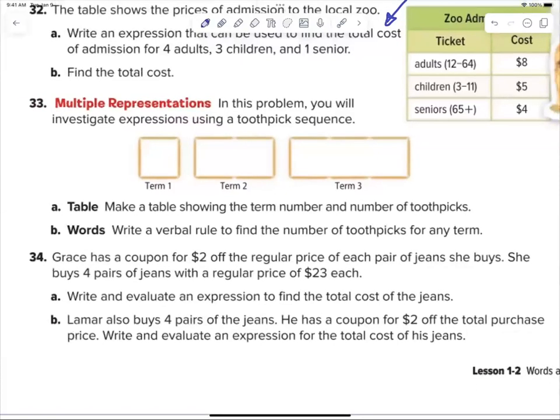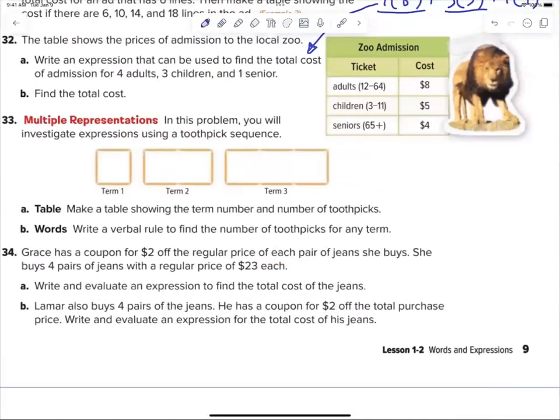Now what they mean by making a table, if you haven't done that before, is this. Here's your table. This is what I want you to write down. T is for the term, right? And then number of toothpicks.